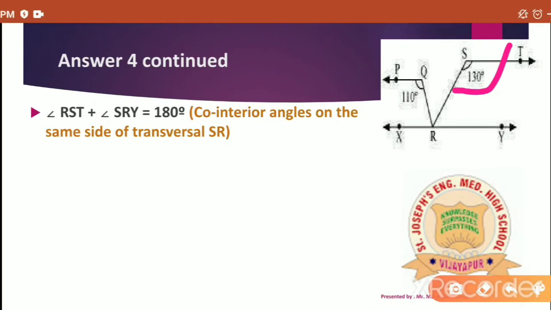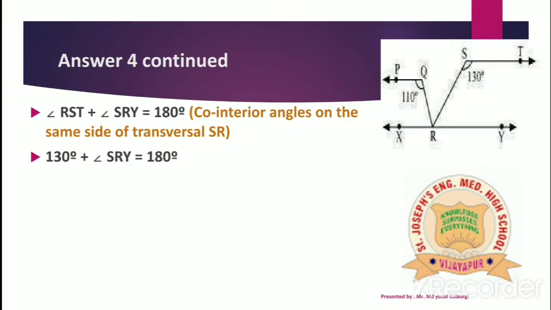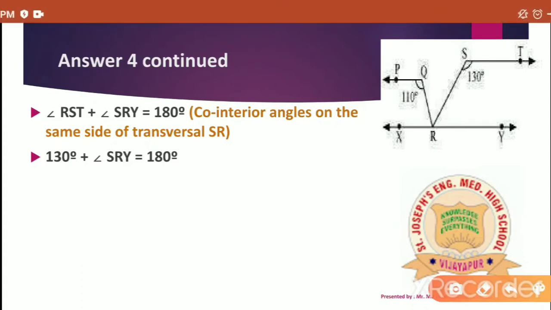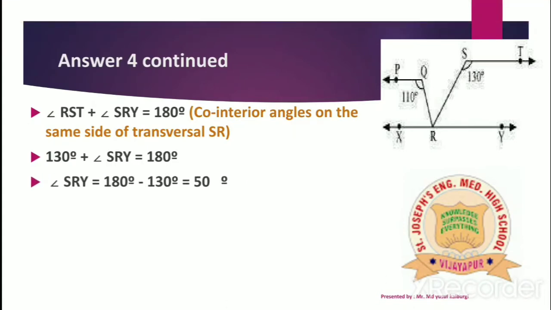If you put that value 130 degrees in place of RST, then 130 plus SRY gives 180 degrees. When you take 130 to the right side, it becomes negative. So 180 minus 130 gives you 50 degrees. So we have got the value of SRY also.